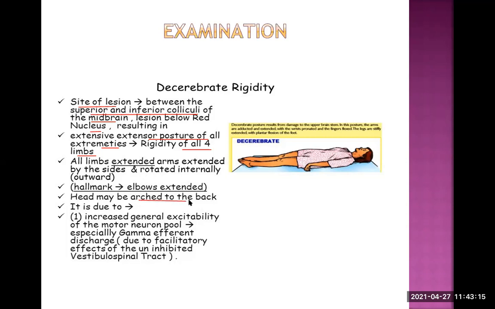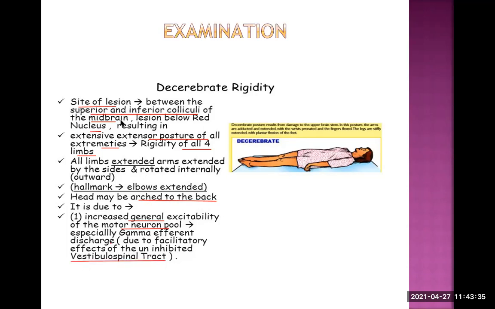Head may be arched to the back because of serious extension. It is due to increased general excitability of the motor neuron pool, especially gamma efferent discharge, due to the facilitatory effect of the uninhibited vestibulospinal tract.